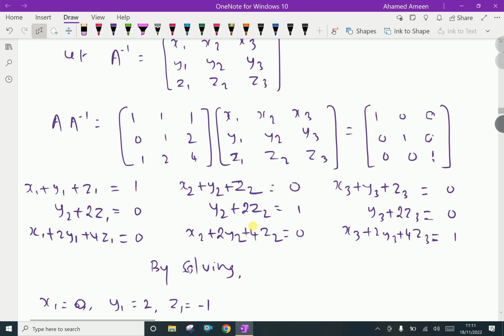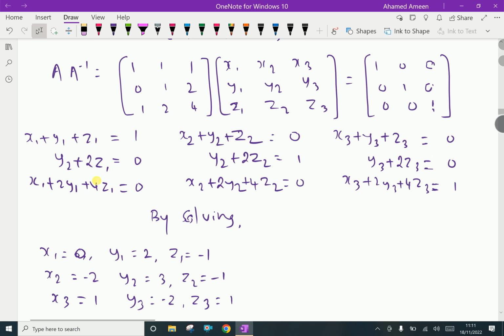So we have 9 equations simultaneously. Then we can solve these 3 equations to get x1, y1, z1. Like the second set of 3 equations, we can find x2 equals -2, y2 equals 3, z2 equals -1 by solving simultaneous equations. Like the third set, x3 equals 1, y3 equals -2, z3 equals 1.